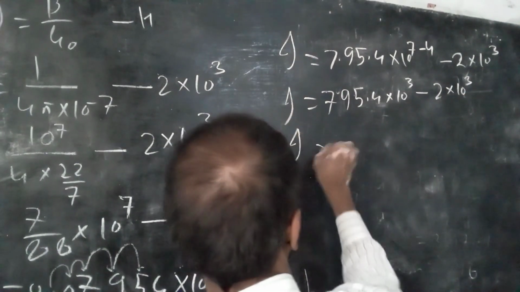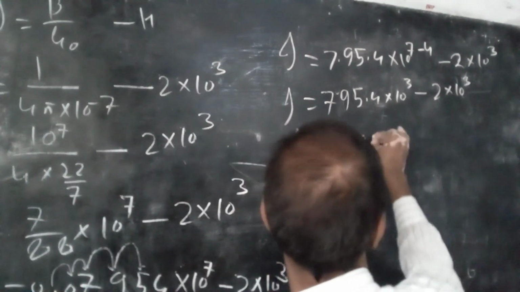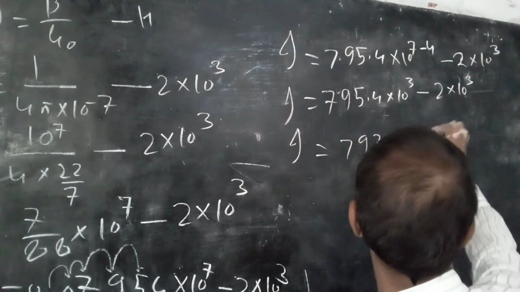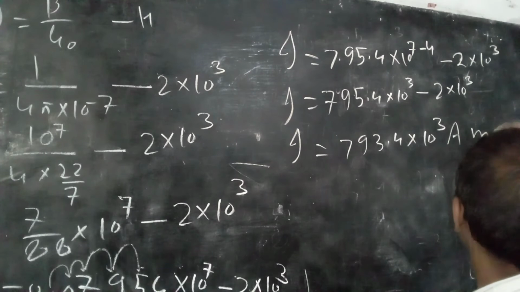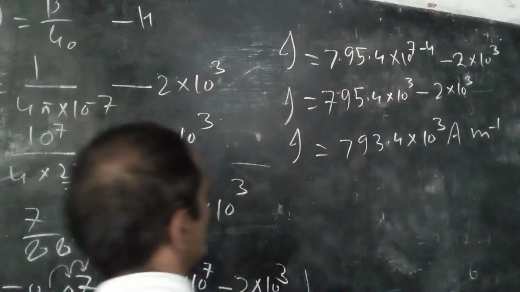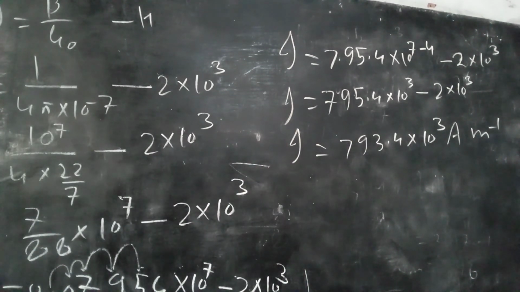So I is equal to 793.4 × 10^3 ampere meter^-1. So this is your intensity of magnetization. See you.